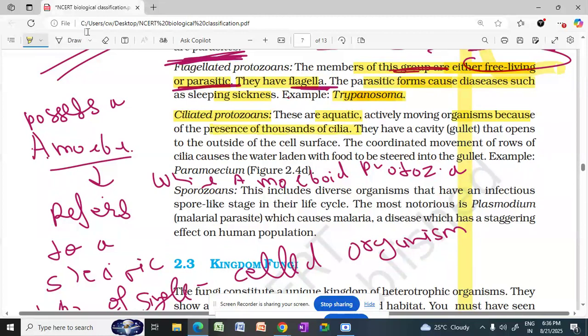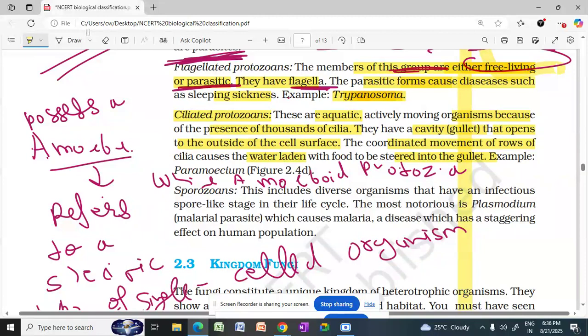They have a cavity called the gullet that opens to the outside of the cell surface. The coordinated movement of rows of cilia causes the water laden with food to be stirred into the gullet.